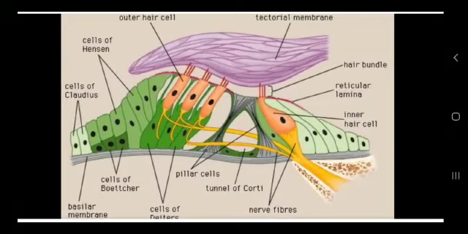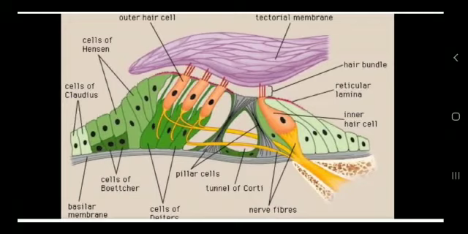It is a thin but stiff membrane made up of glycoprotein material. The shearing force between the hair cells and the tectorial membrane produces the stimulus to the hair cells.